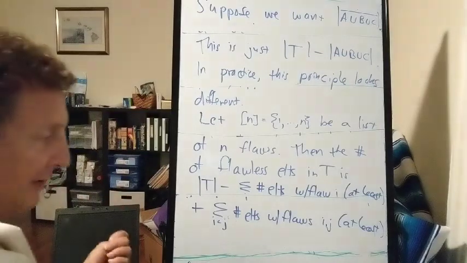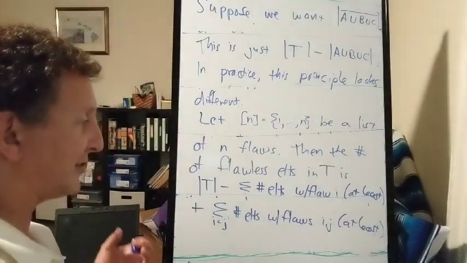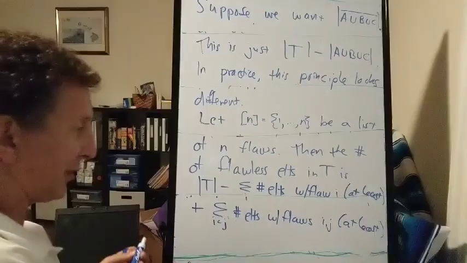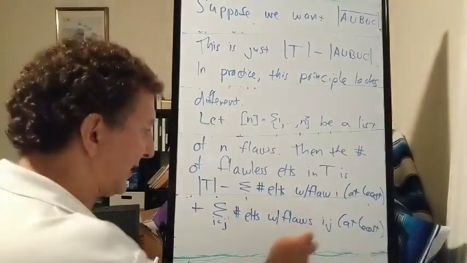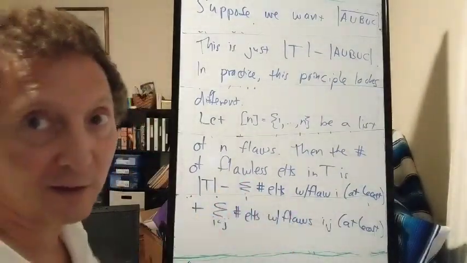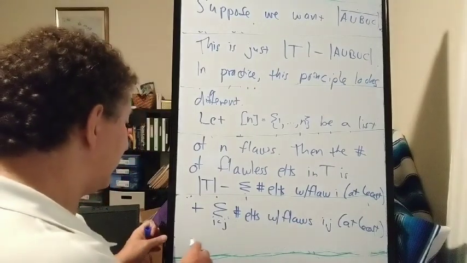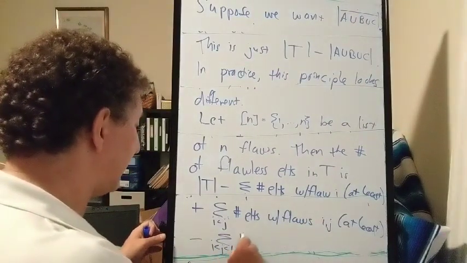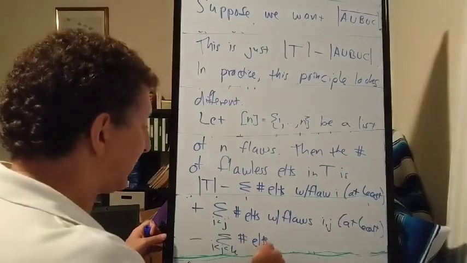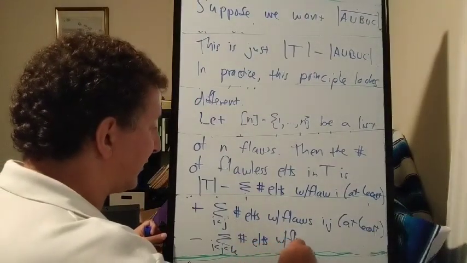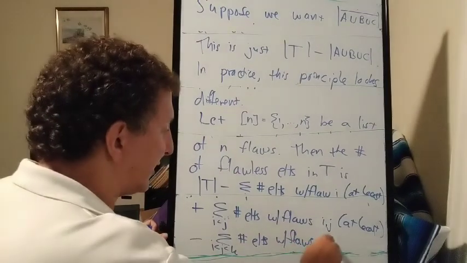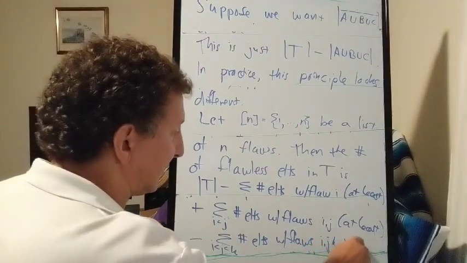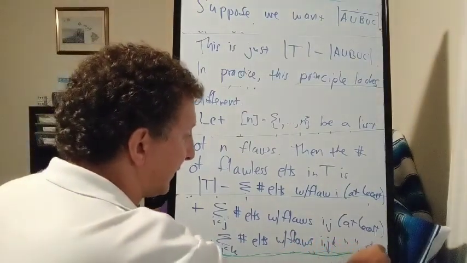But an element having flaws i and j might have flaws i, j, and k, in which case we'd add it in 3 times because it has flaws i and j, flaws i and k, and flaws j and k. So minus the sum over i less than j less than k of the number of elements with flaws i, j, k, at least, etc.